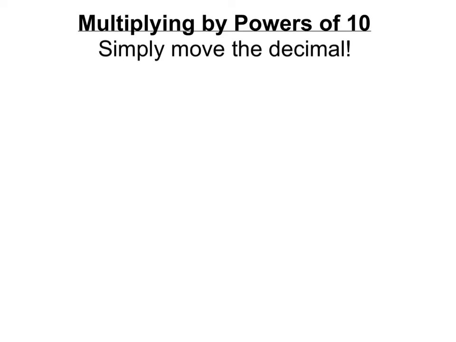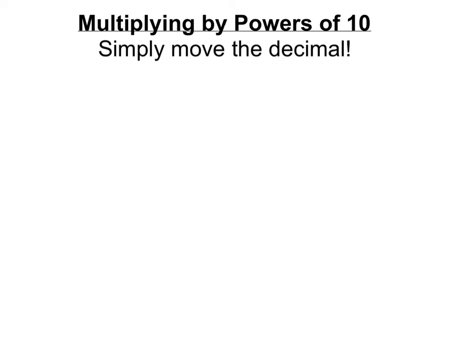So when multiplying by a power of 10, since these are based on our place values, simply move the decimal. Moving the decimal moves the boundary between the whole numbers and the decimal places, which therefore also moves each of the place values.